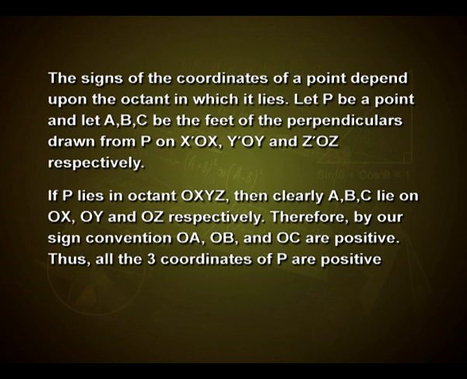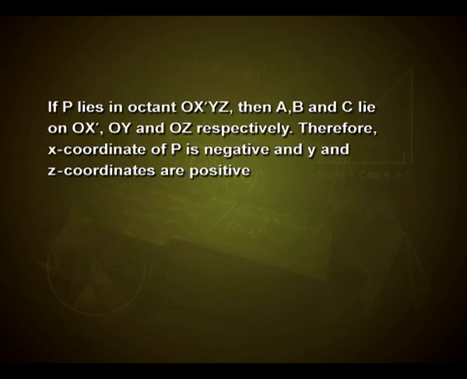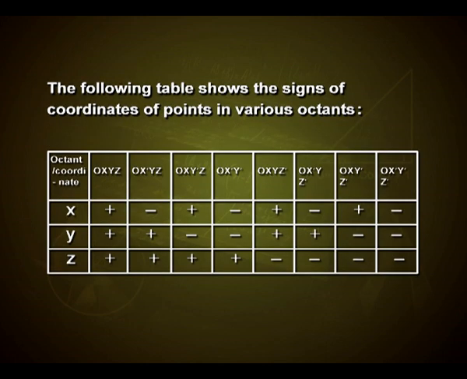Thus, all three coordinates of P are positive. If P lies in octant OX'YZ, then A, B and C lie on OX', OY and OZ respectively. Therefore, the x coordinate of P is negative and the y and z coordinates are positive. The following table shows the signs of coordinates of points in various octants.